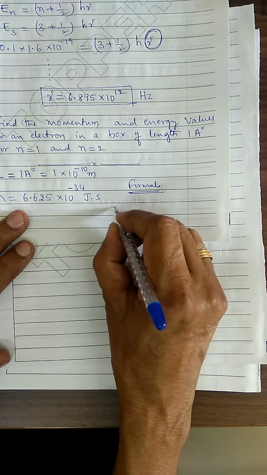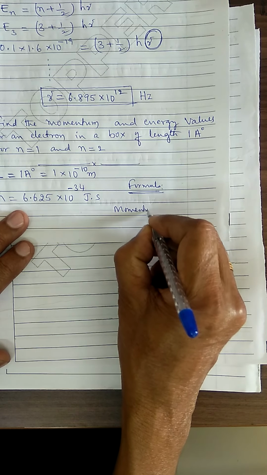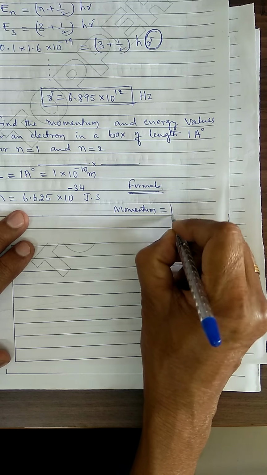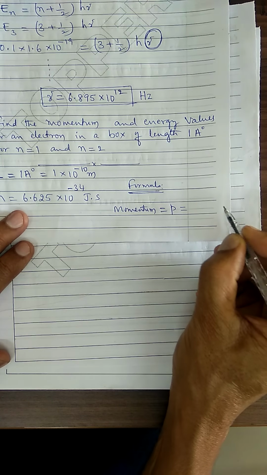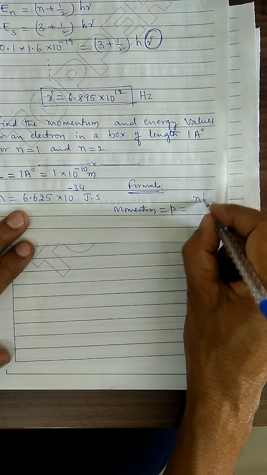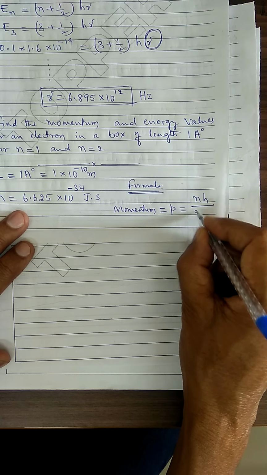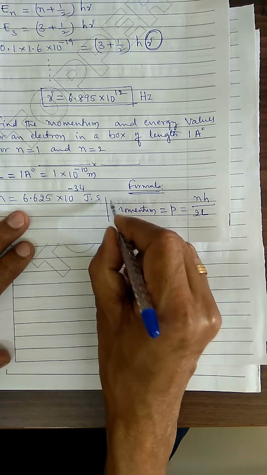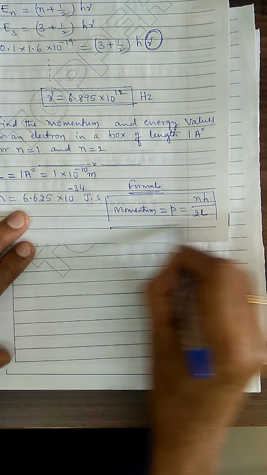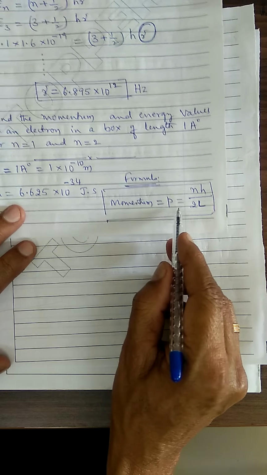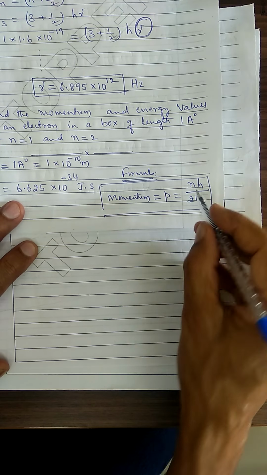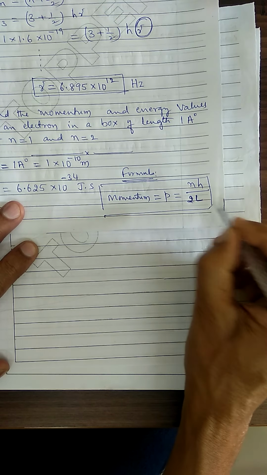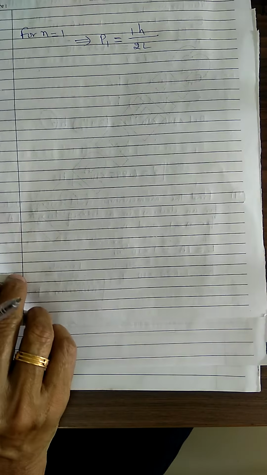This is the constant formula. Momentum P is given by nh divided by 2L. I will use this formula here.